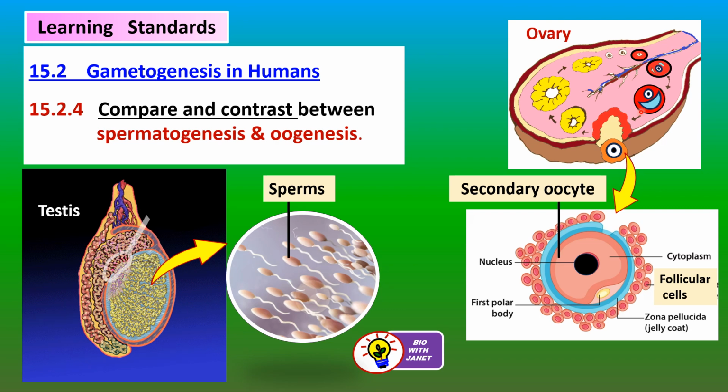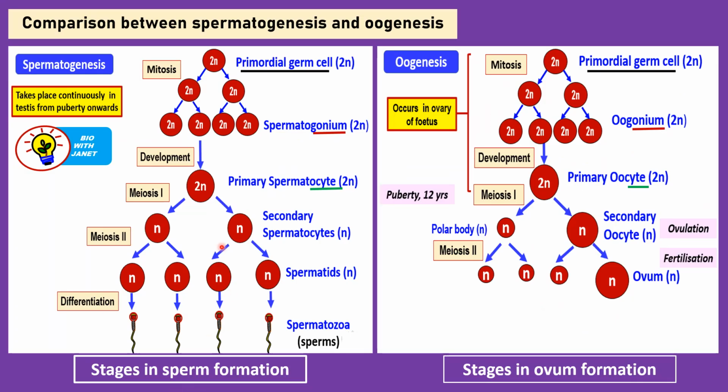So we are going to discuss the similarities and the differences between spermatogenesis and oogenesis. So here is a side-to-side comparison of spermatogenesis and oogenesis. Now basically for us to memorize easily, we have to see the similarities between spermatogenesis and oogenesis.